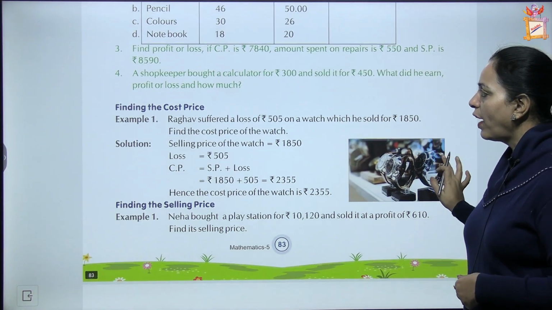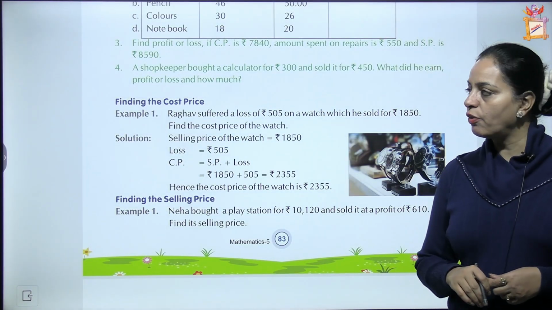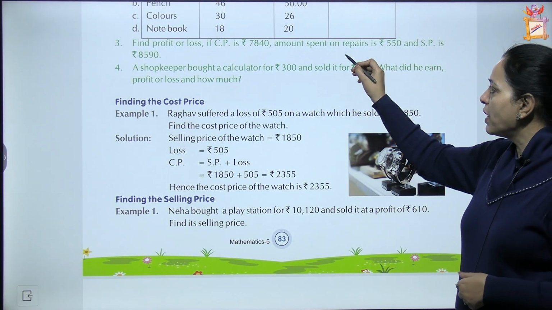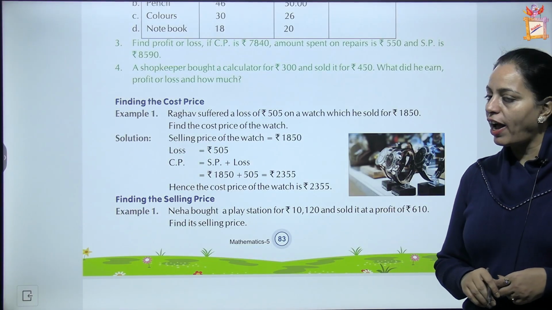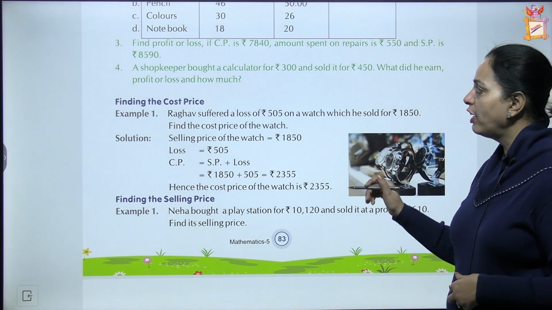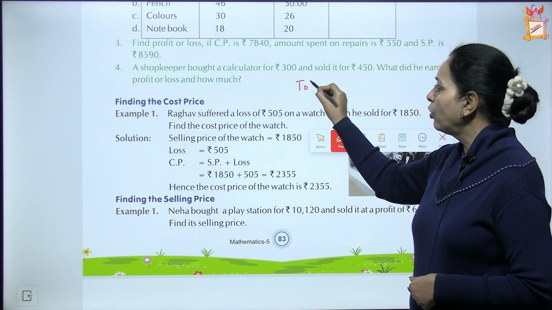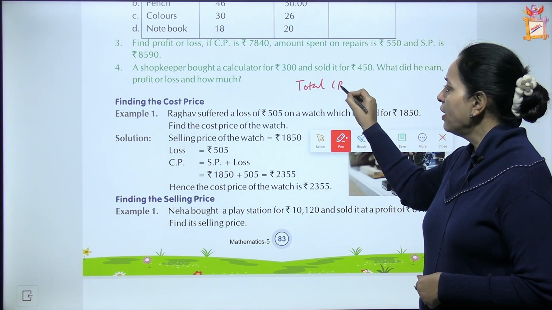The third one, find the profit or loss if CP is ₹7,840, amount spent on repairs is ₹550 and the SP is ₹8,590. So what will you do? You will find total CP.